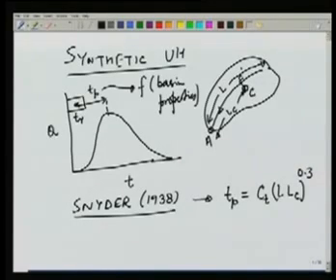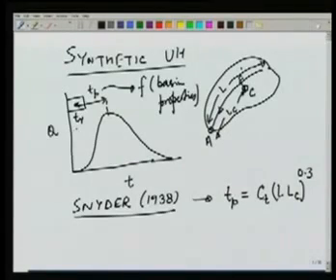So for any catchment, if we know L and LC, which we can measure from the topographic map of the area, then we can find out for a hydrograph of duration TR, unit hydrograph of duration TR, which was related with the time to peak, as Tp over 5.5.